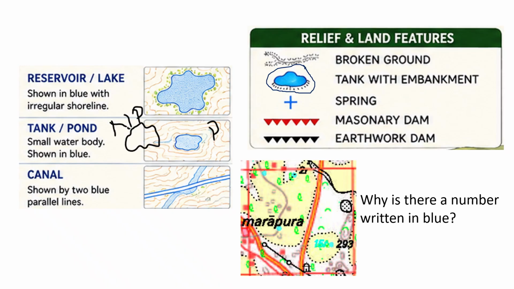Now, at times there are numbers written in blue color, right? And there's a blue dot beside it. Now, that dot, it's what our well. We have done our wells, right? The lined and the unlined ones. So this is a lined well.